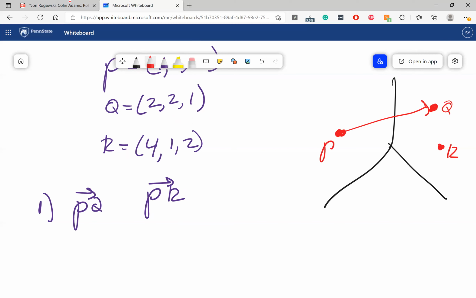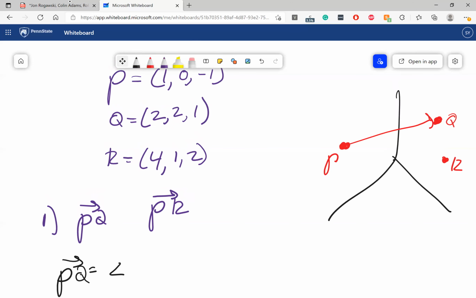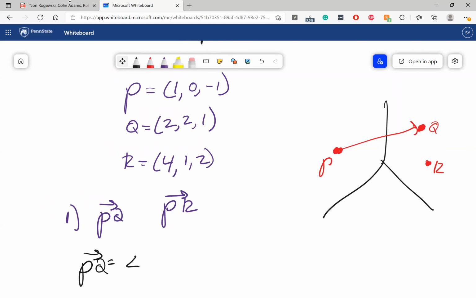The vector PQ is equal to 2 minus 1, which is 1, 2 minus 0, which is 2, and 1 minus minus 1, which is 2.